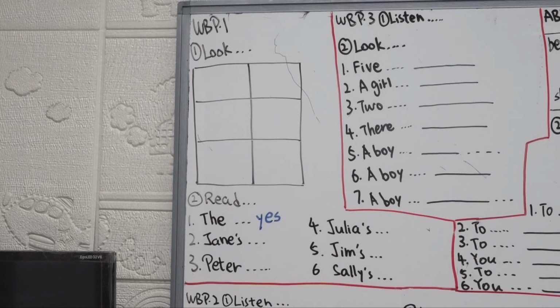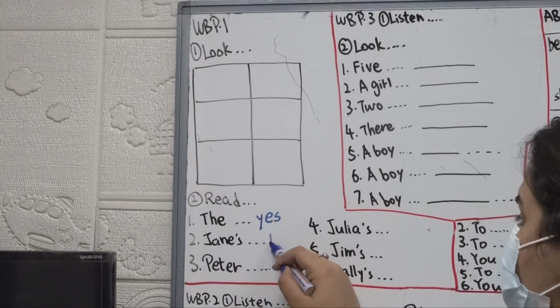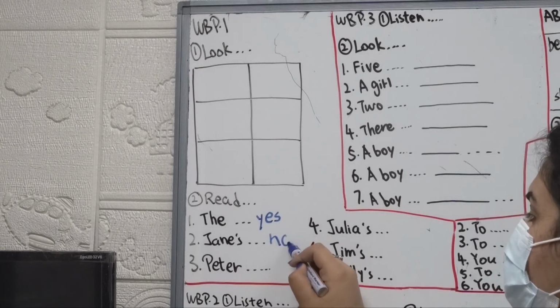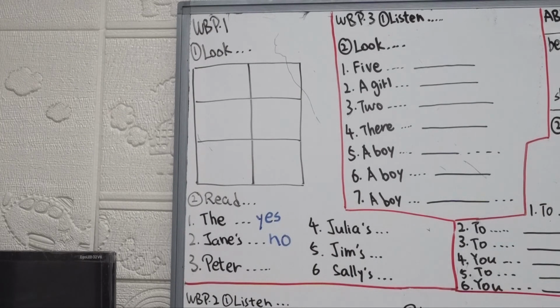Number 2, Jane's hiding behind a tree. Is she hiding behind a tree? No, right? She was just climbing the tree. She was not hiding behind the tree, right? In picture 2, it tells us that.